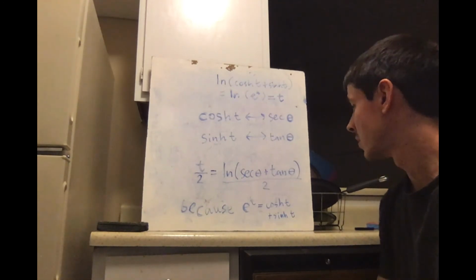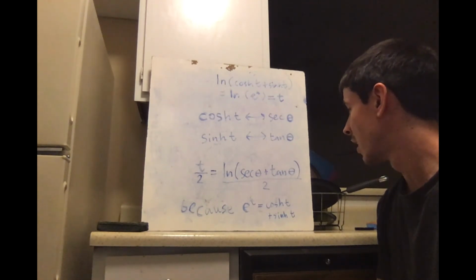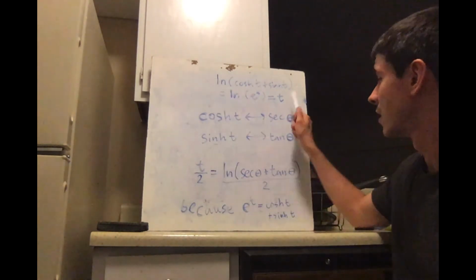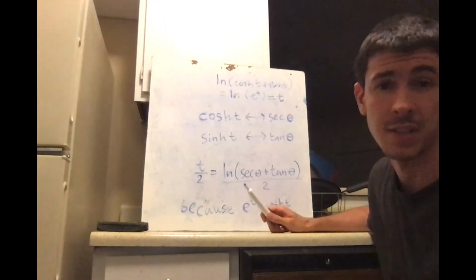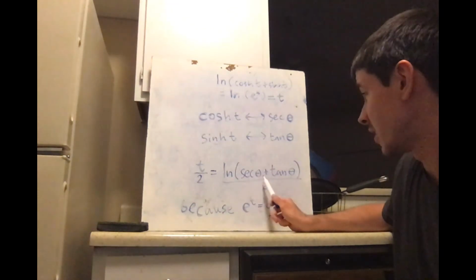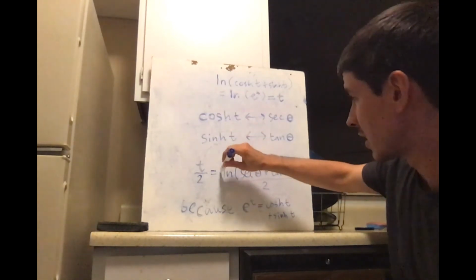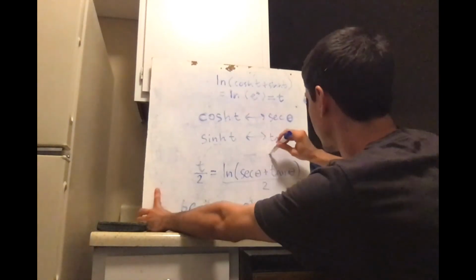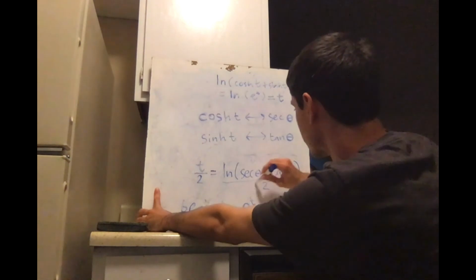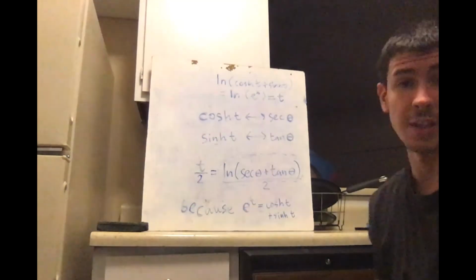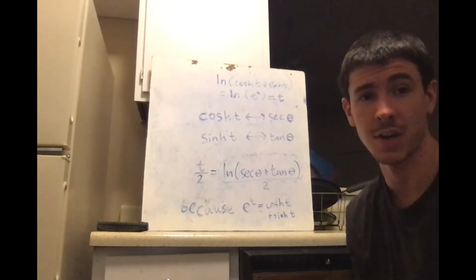And the reason I say it's interesting is that this quantity, the natural log of secant plus tangent, comes seemingly out of nowhere in our integration rules.